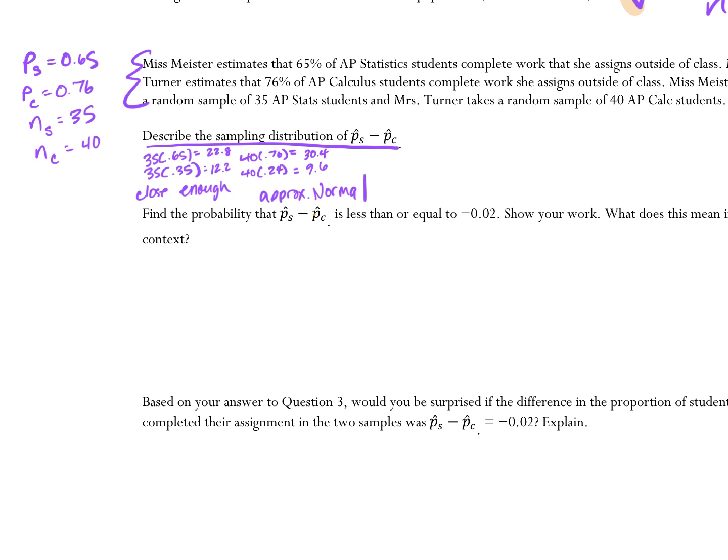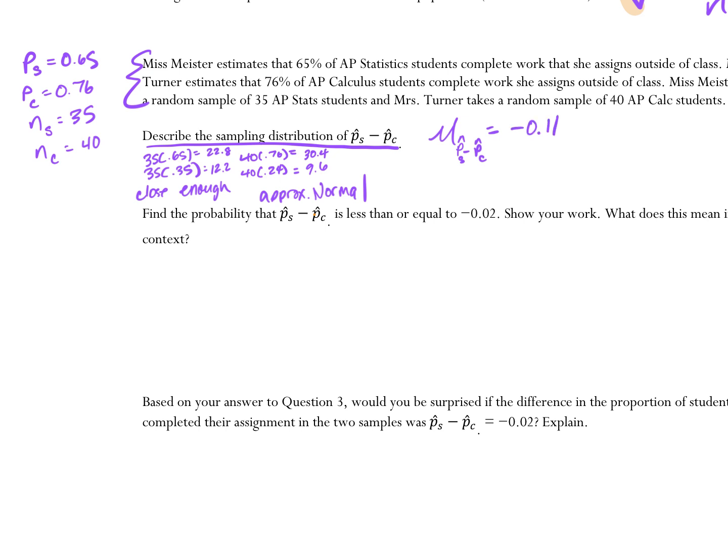Okay. Now, what would the mean of this distribution be when I subtract these two? And again, I'm specifically saying statistics minus calculus. It would be negative 0.11, I think.